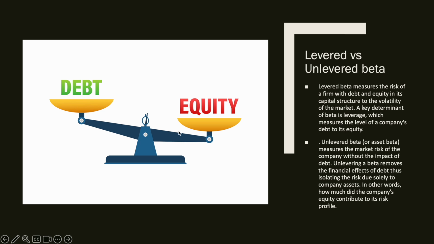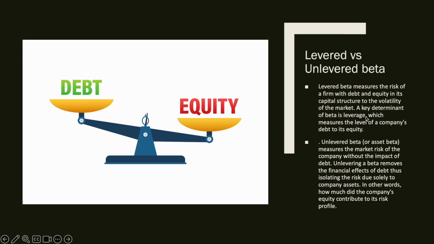Before we calculate the beta, we need to know what is levered beta and what is unlevered beta. Levered beta measures the risk of a firm with debt and equity in its capital structure relative to the volatility of the market. A key determinant of beta is leverage, which measures the level of a company's debt to its equity. So levered beta considers the market risk and the debt as well. But if we unlever the beta, which is taking the leverage out of the beta, it measures the market risk of the company without the impact of the debt.